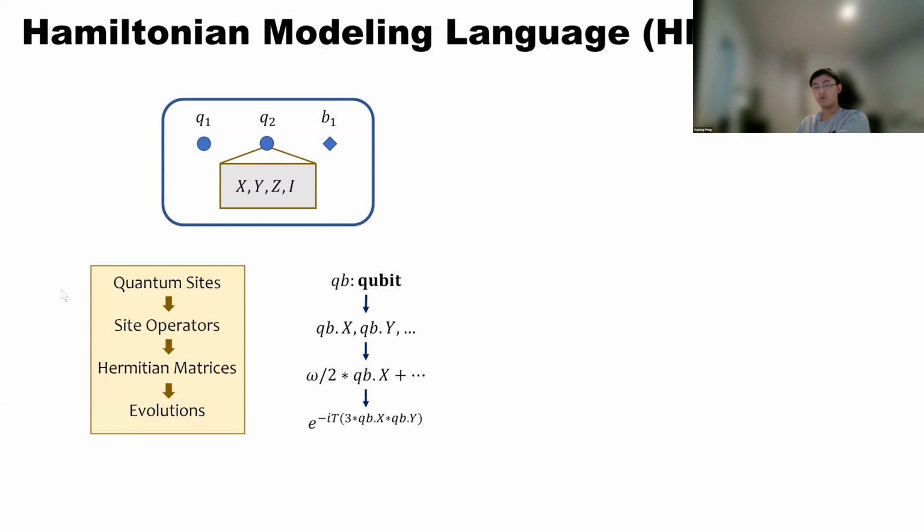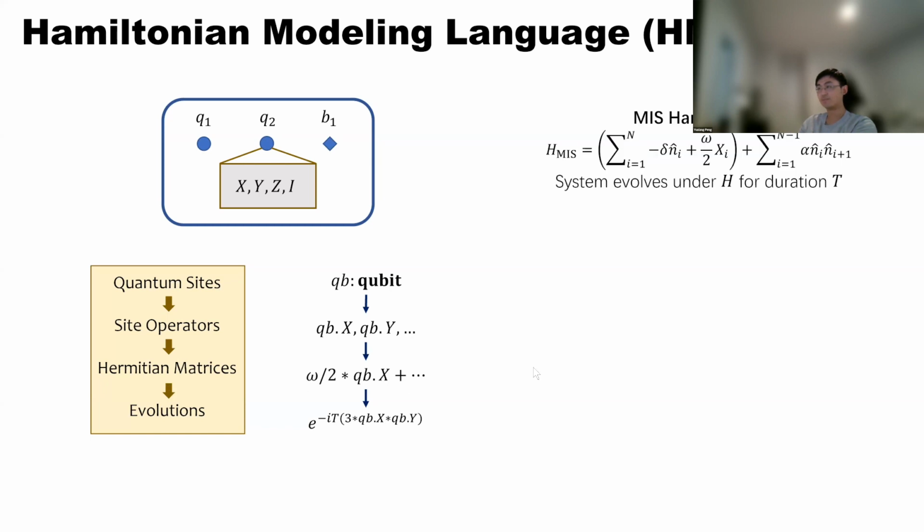The overall idea is that we use several layers of abstraction, from sites and the site operators belonging to each site. We can then use these site operators to write Hermitian matrices in the form of algebraic expressions, the way physicists usually treat them. And then we can use the Hermitian matrices to describe evolutions.